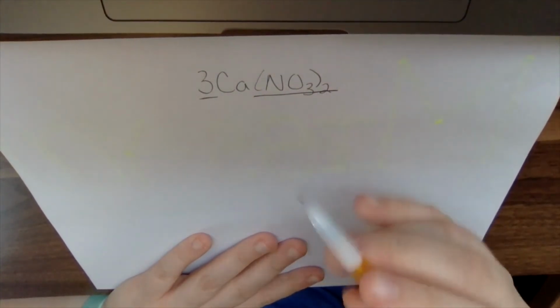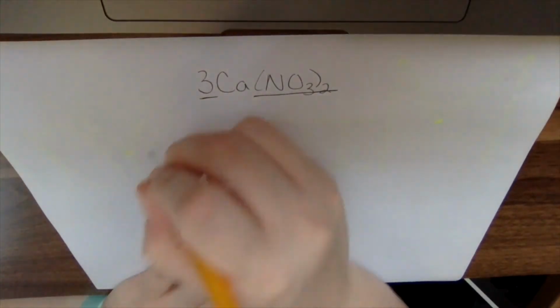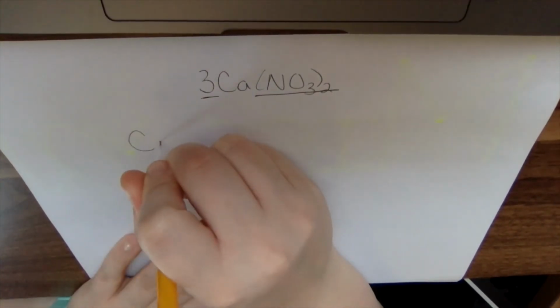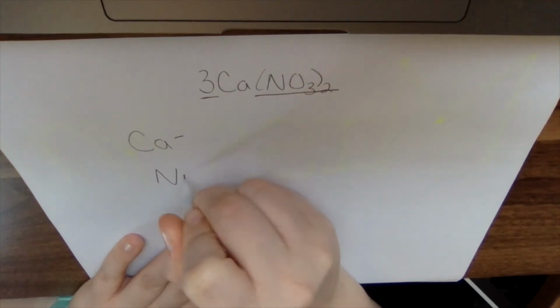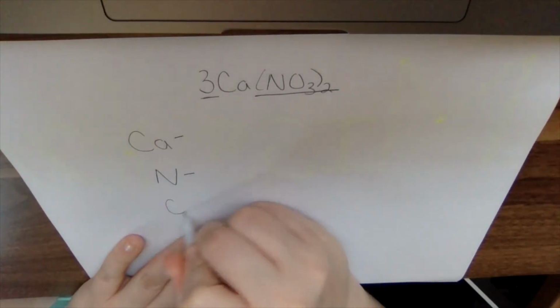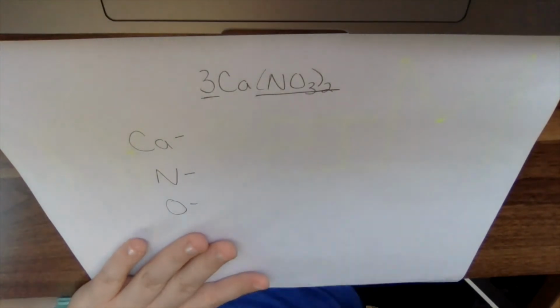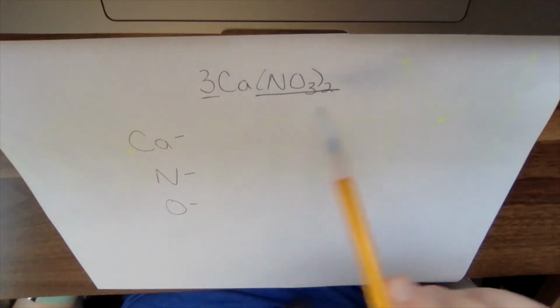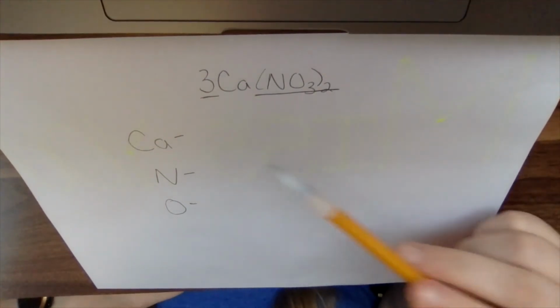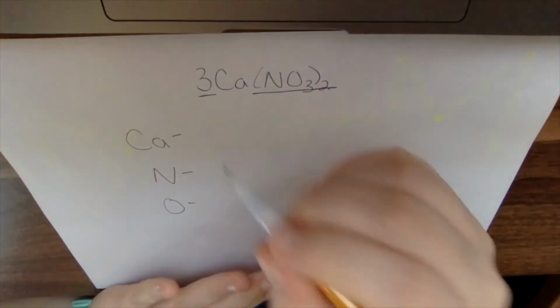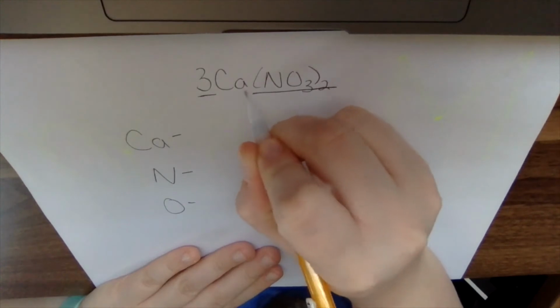So first, let's write down all of our atoms. So we have Ca, which is calcium. We have N, nitrogen, and then O, which is oxygen. So when I have something like this, again, let's first write down all the subscripts that we have. So behind Ca, there's nothing.